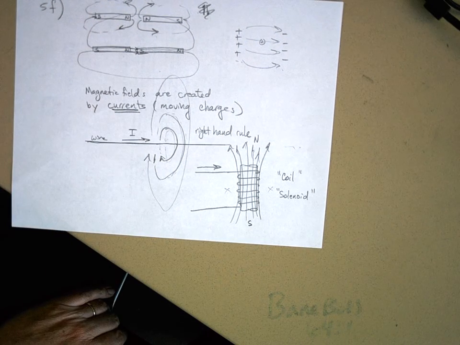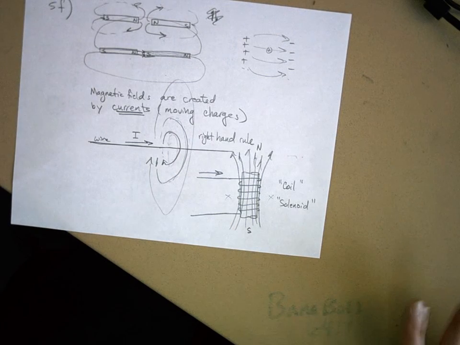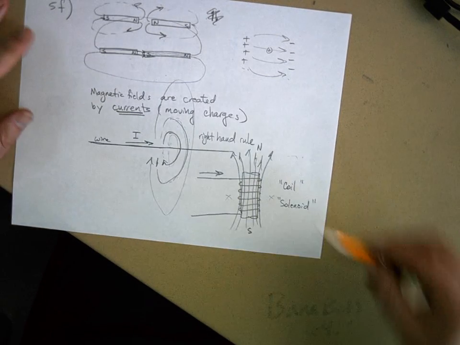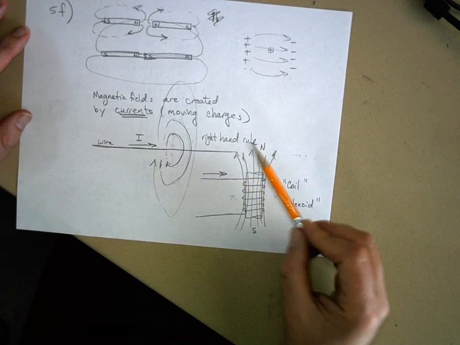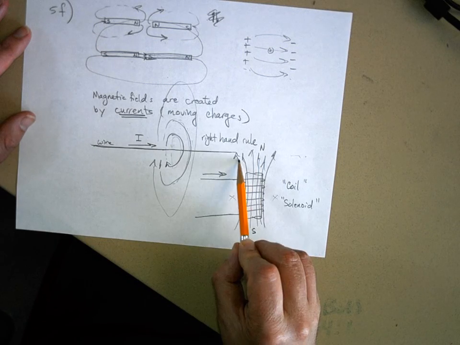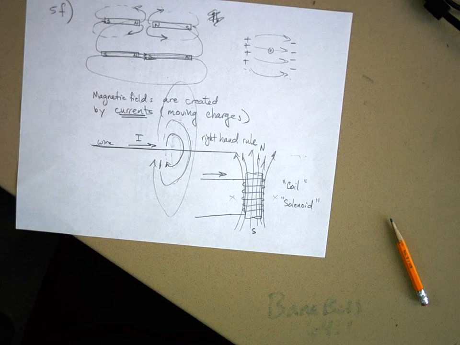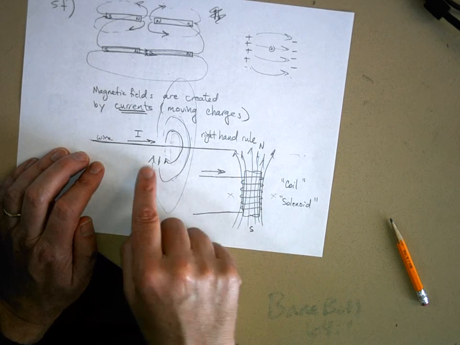So figuring out where magnetic fields come from, we have to understand that magnetic fields come from moving charges, from currents. Currents is what causes magnetic fields to appear in nature. If you have a long straight wire, you'll get a fairly weak magnetic field.